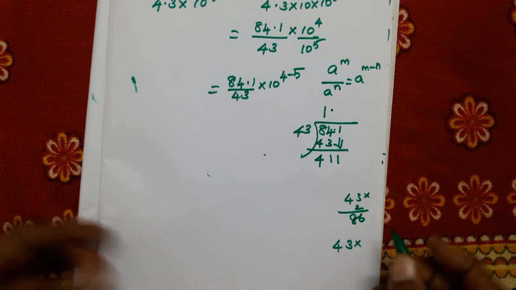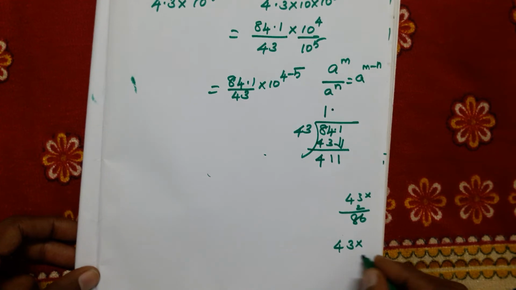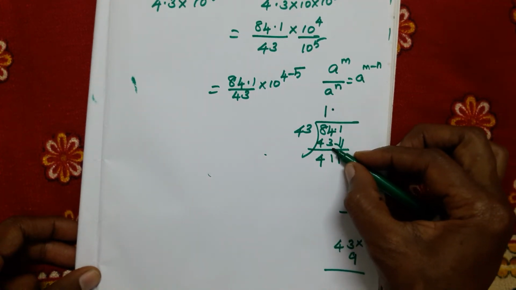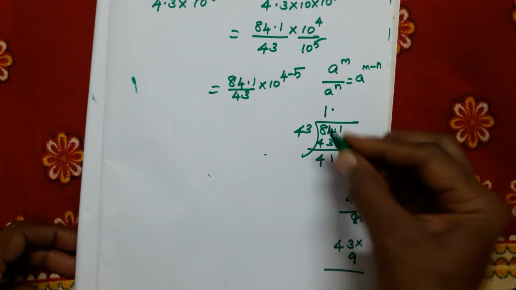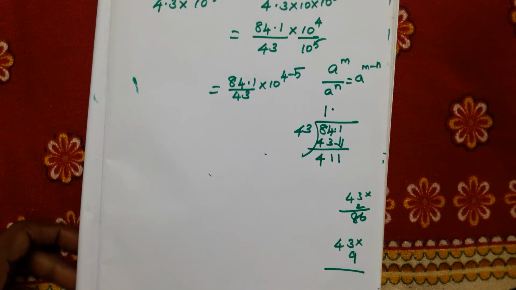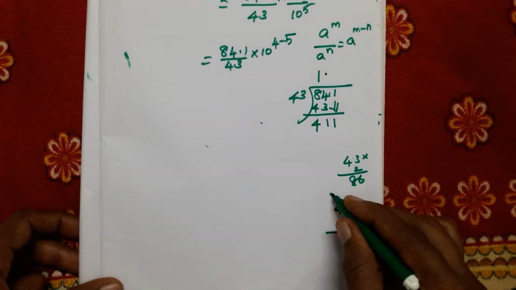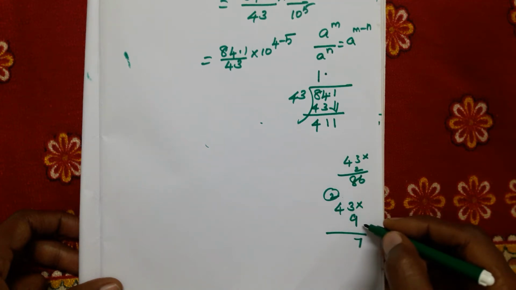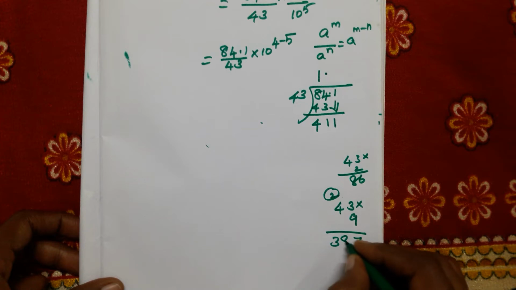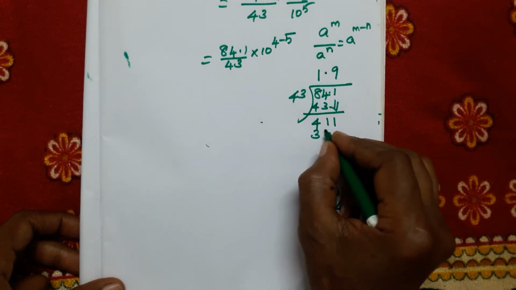43 into, it is nearly 430. So we can multiply 9 times; 9 or 8 times it will go. 10 times means 430. So it is nearly 430, so we can multiply 9 times. 9 3s are 27, 2 balance. 9 4s are 36, 36 plus 2, 38. 9 times is 387.